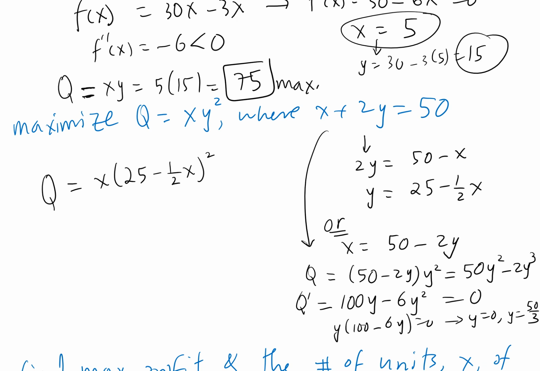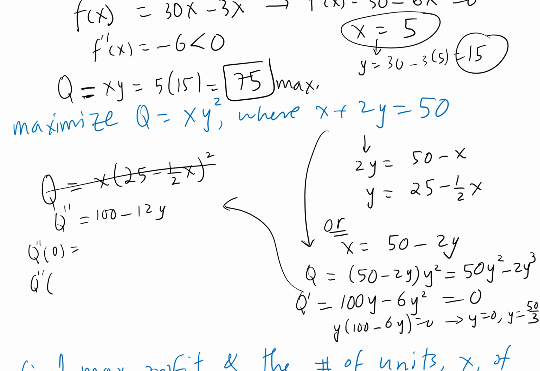I don't know which one is min and which one is max, so I'm going to find q double prime, which is 100 minus 12y. We find this at 0 first, and then at 50 over 3. At 0, it's 100 minus 12 times 0, that's 100.